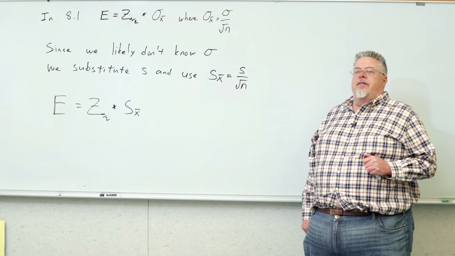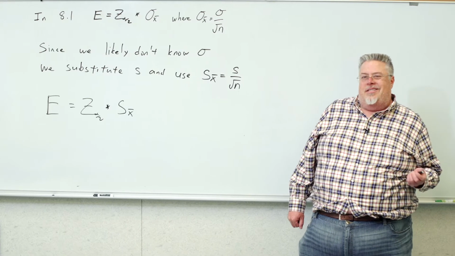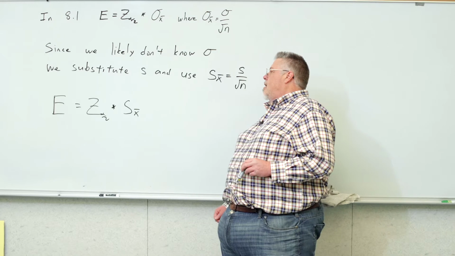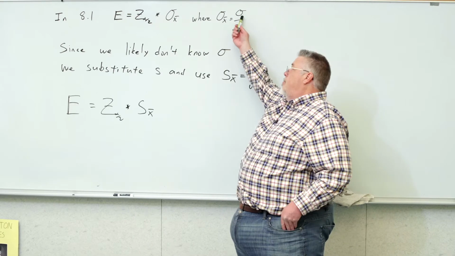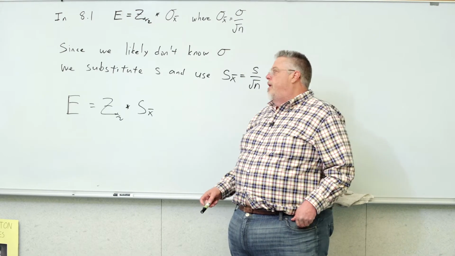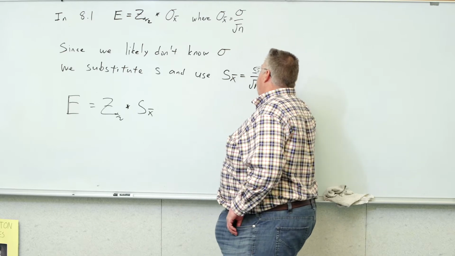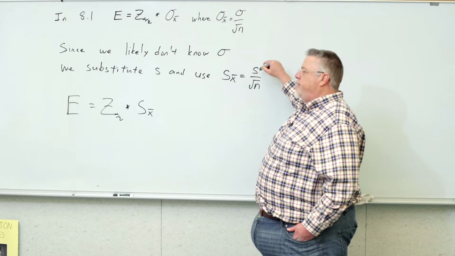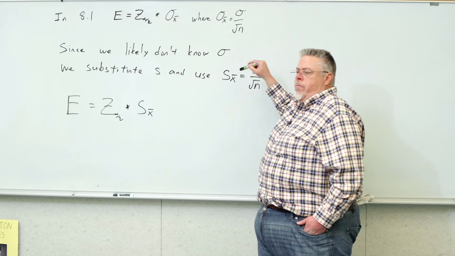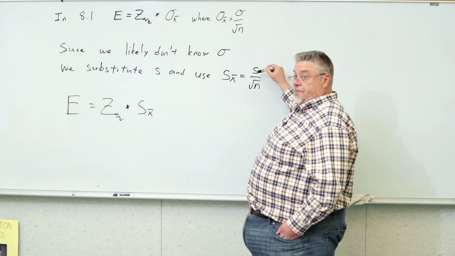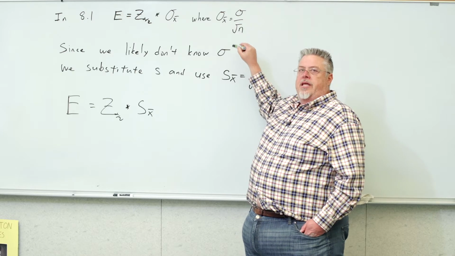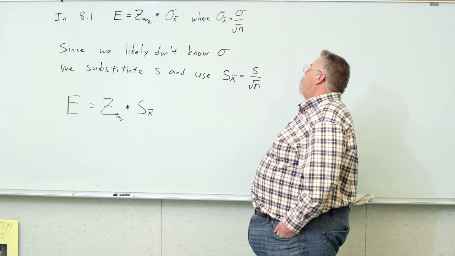And after a while, they discovered this didn't quite work. And here's the reason why. We're using S in place of sigma, but S is usually smaller than sigma. That is, the amount of variability in my sample is usually less than the amount of variability in the entire population.